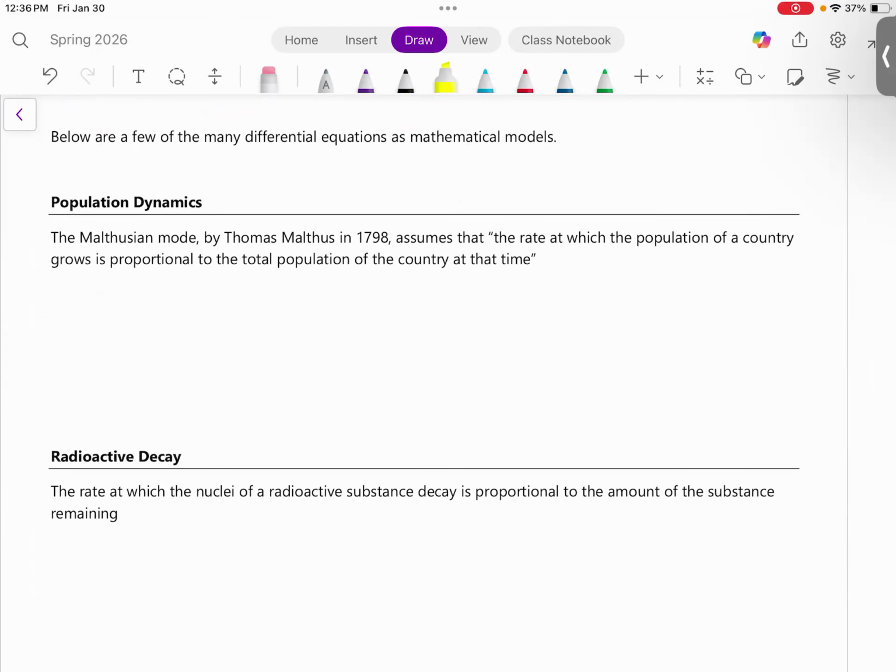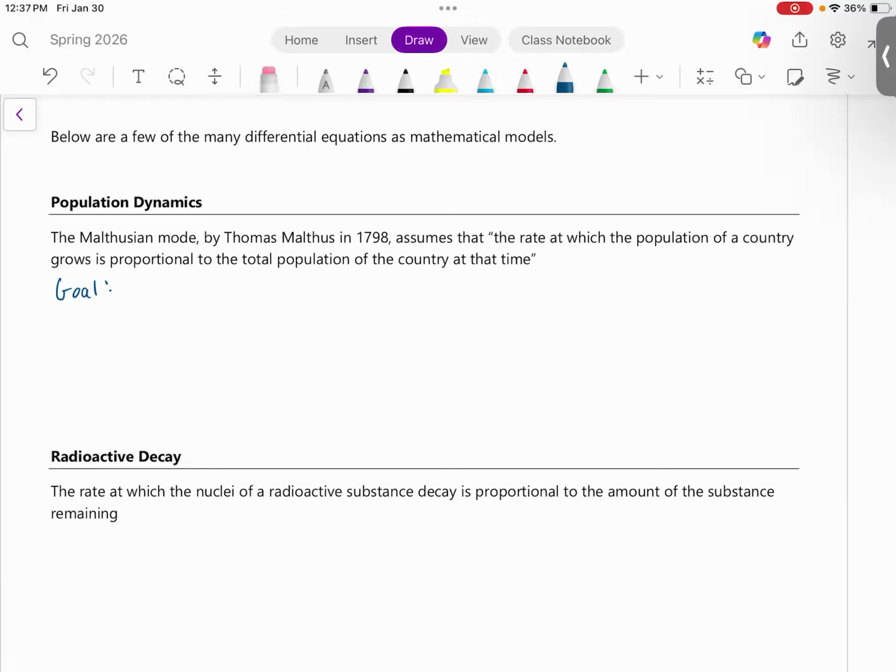The Malthusian model by Thomas Malthus in 1798 assumes that the rate at which the population of a country grows is proportional to the total population of the country at that time. So here we're talking about the growth of a population in a country. We want to develop a differential equation as a mathematical model.